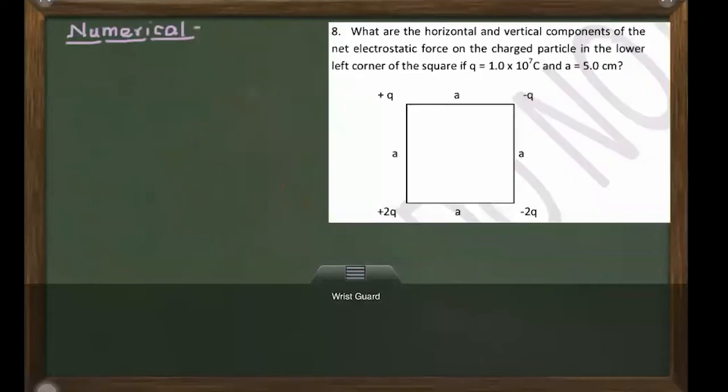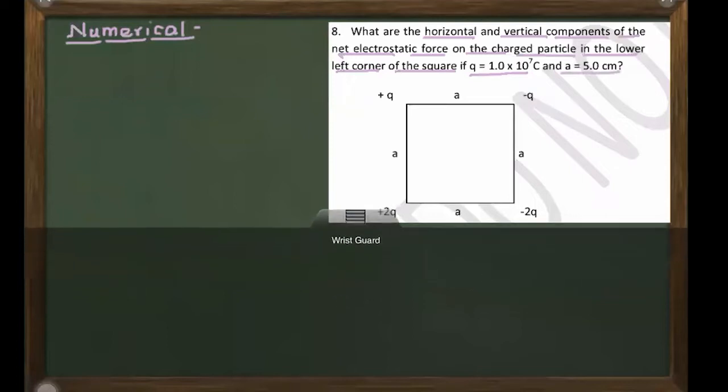I have taken one example. What are the horizontal and vertical components of the net electrostatic force on the charged particle in the lower left corner of the square which is shown in the figure, if Q is equal to 1 into 10 raised to power 7 coulomb and A is equal to 5 centimeter.